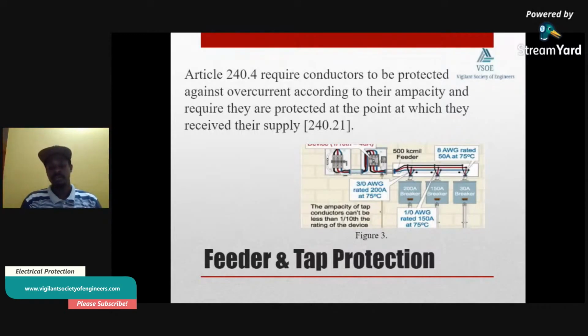Now, based on the rules that are outlined, the minimum size of any other conductor should be at least 1/10 of the main feeder that is coming in.